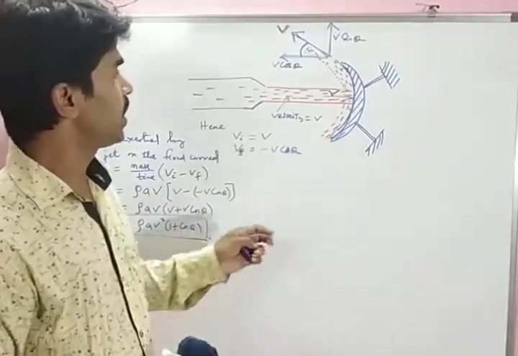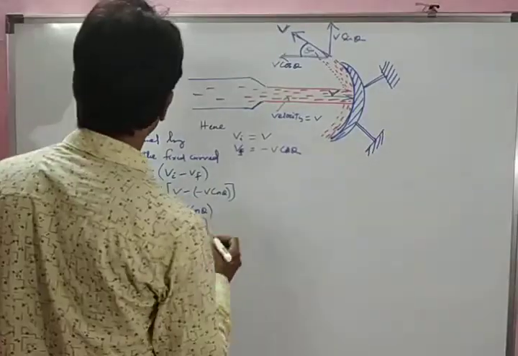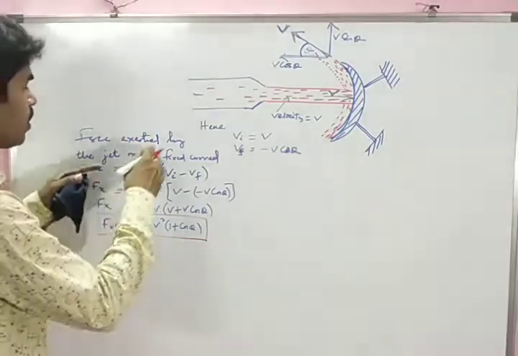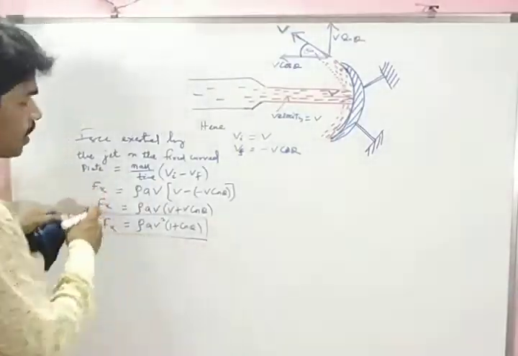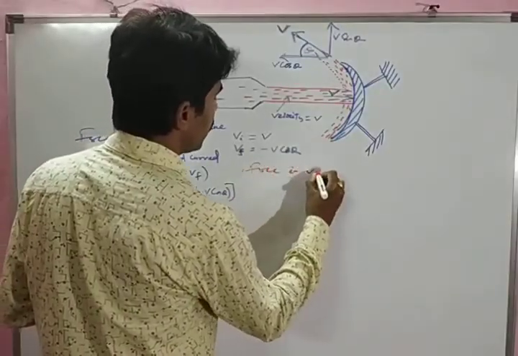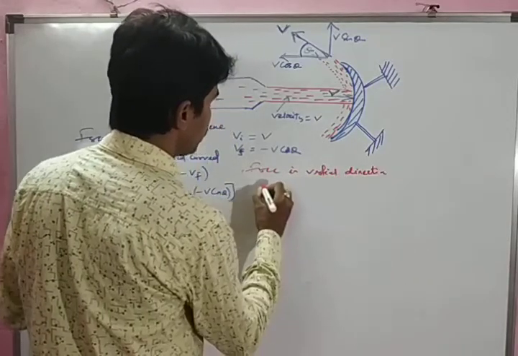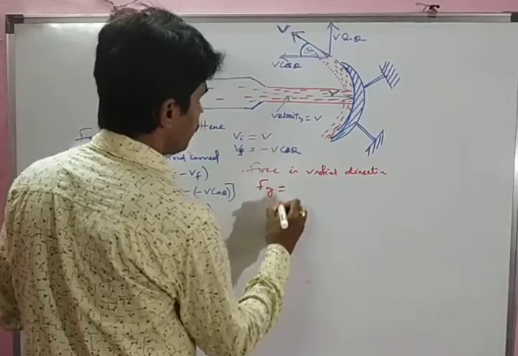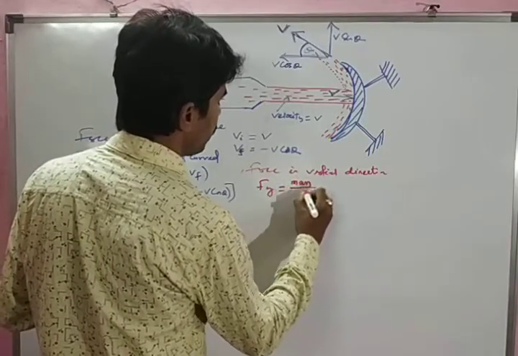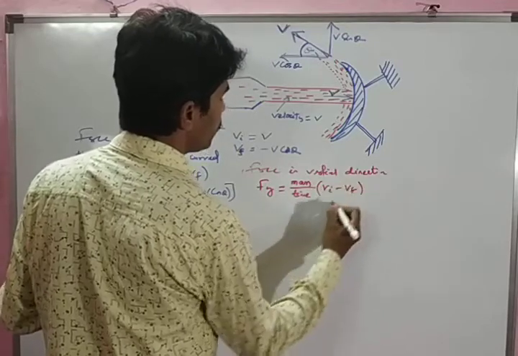Fx is the force exerted by the jet on the fixed curved plate in the horizontal direction. In this case there is a force in the vertical direction also. The force in the vertical direction, Fy, is equal to the same formula: mass by time into vi minus vf.